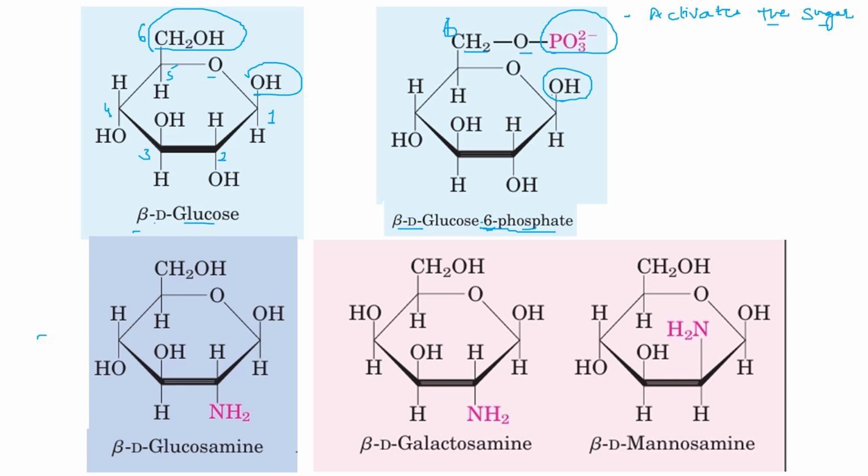In most biochemical pathways, you will see that the sugar or other molecule is first activated by addition of a phosphate group or UDP group or some ADP group. So they are first activated by adding an activating molecule. So addition of phosphate activates the molecule, and now it can participate in various reactions.